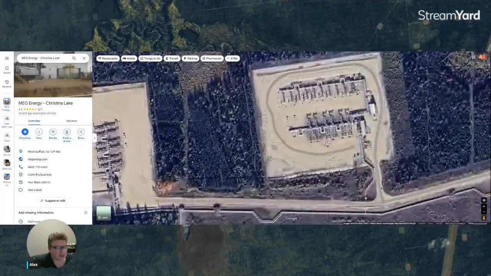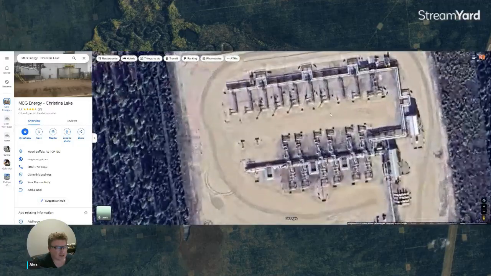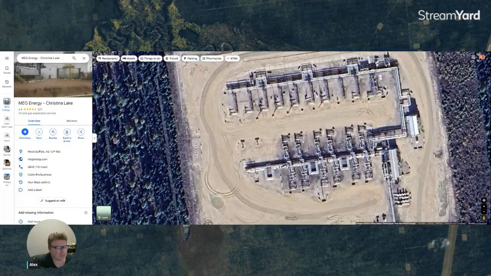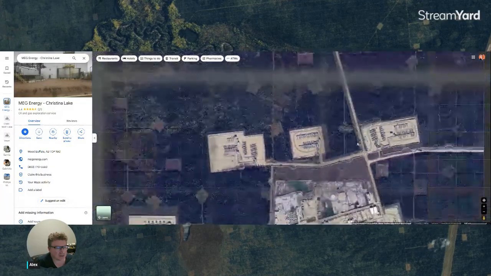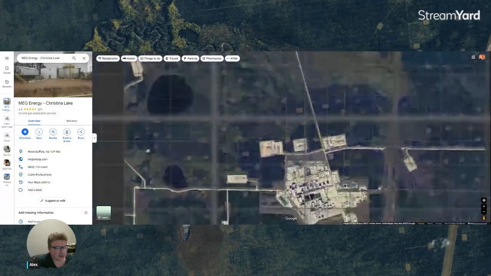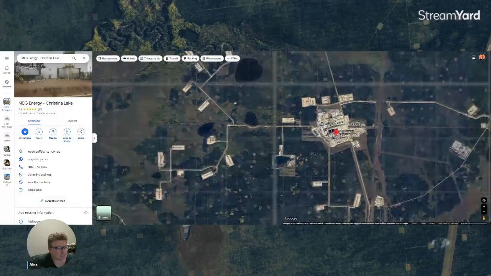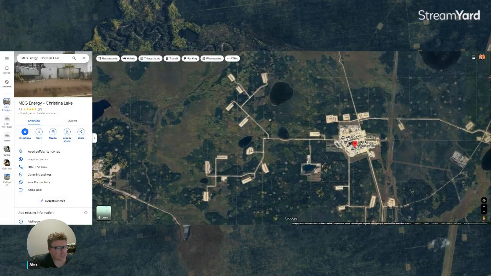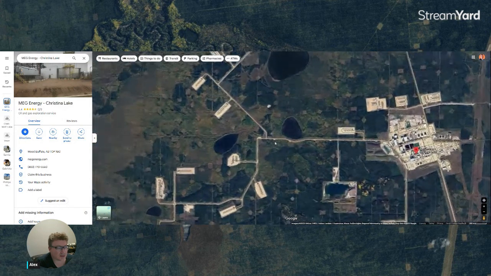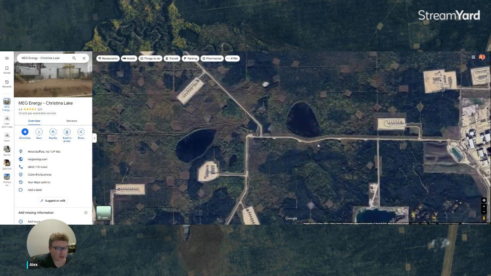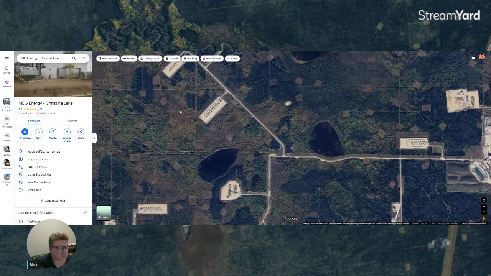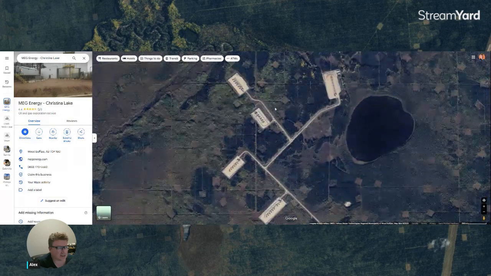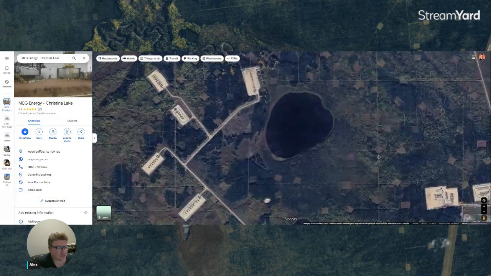Then another one here where you can see clearly there's much more activity, many injectors, many producers, and here as well. And if we zoom out, we can see a connection that could run over many kilometers, maybe 5, 6, 7 kilometers towards the pads that sit further away from the CPF.